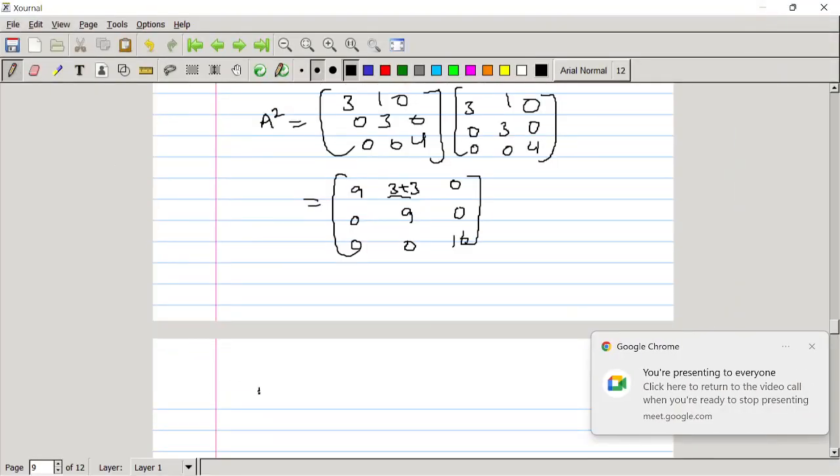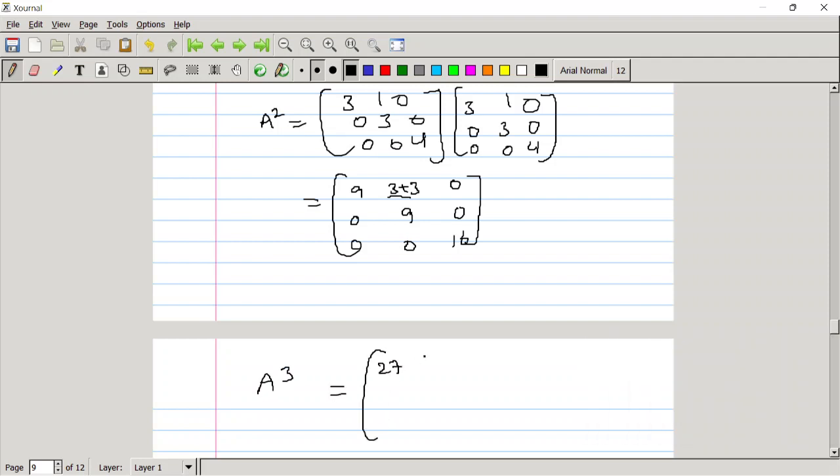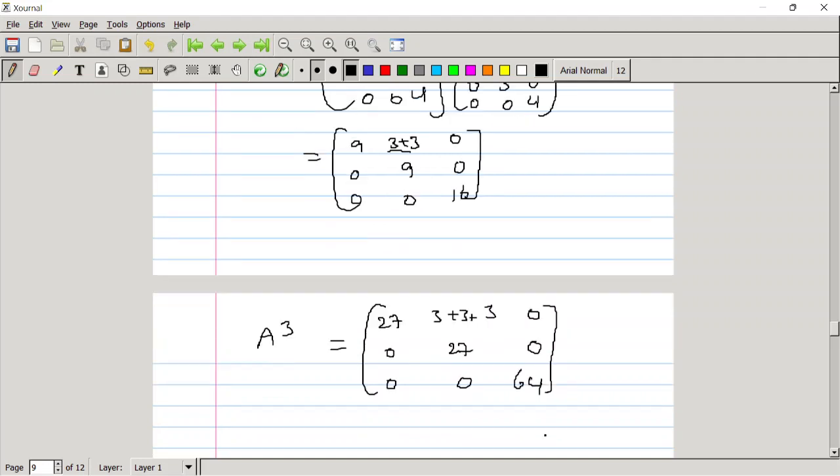So for a cube, what we will get is 27 here, and here 3 plus 3 plus 3, then 0, 0, 27, 0, 0, 0, 64. From this, if you observe the diagonal elements, these are nothing but the cubes of the diagonal elements of the matrix A: 3 cube, 3 cube, and 4 cube.